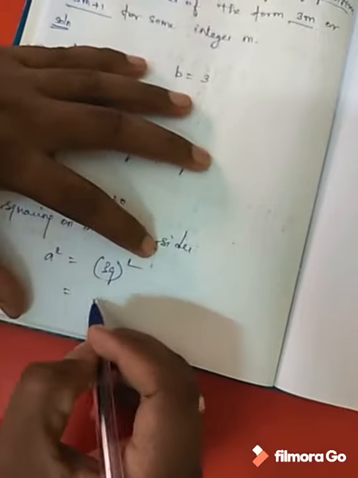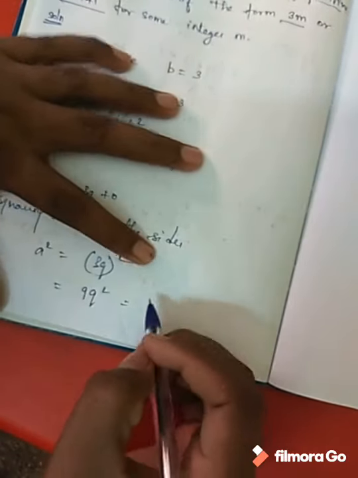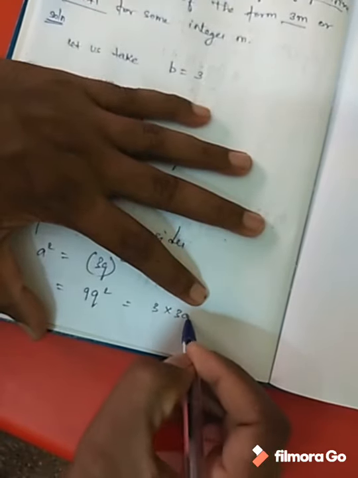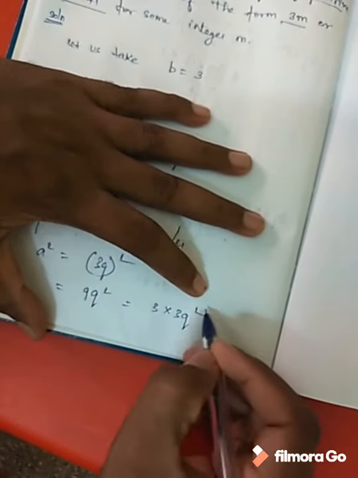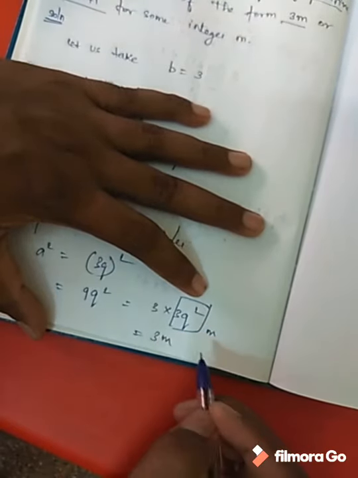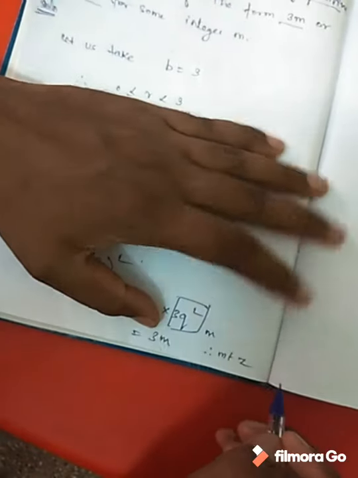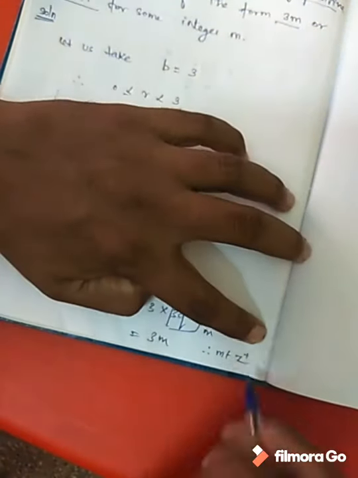Now I can write it as 3 square, 9q square. So it can be written as 3 into 3q square. Let us assume this 3q square as some m. So the answer is 3m, where m belongs to integers, or some positive integer. Next, case 2.